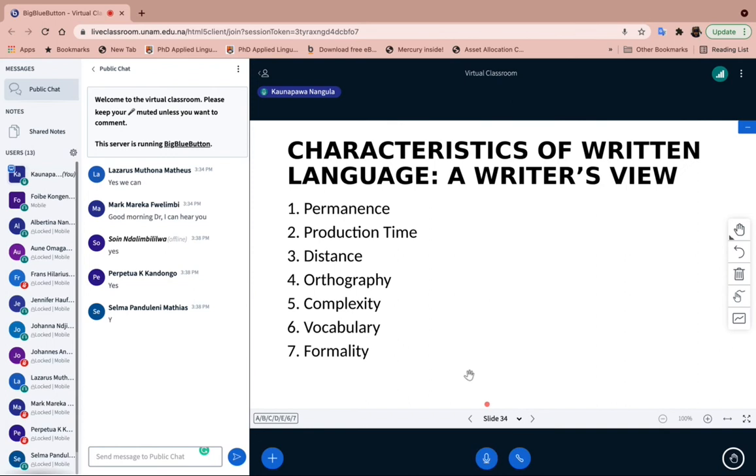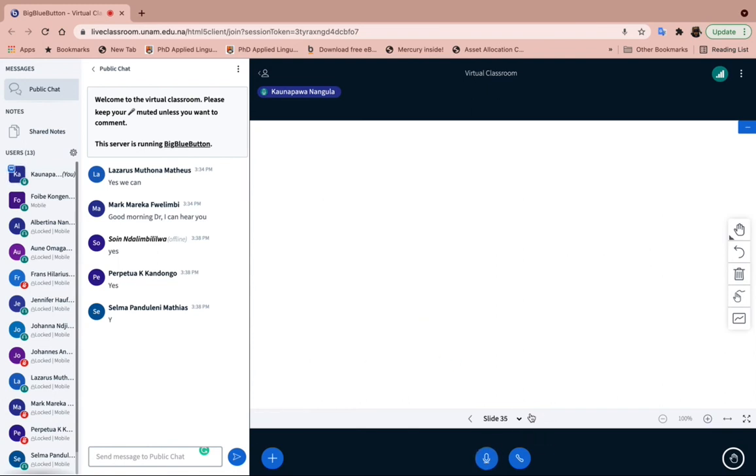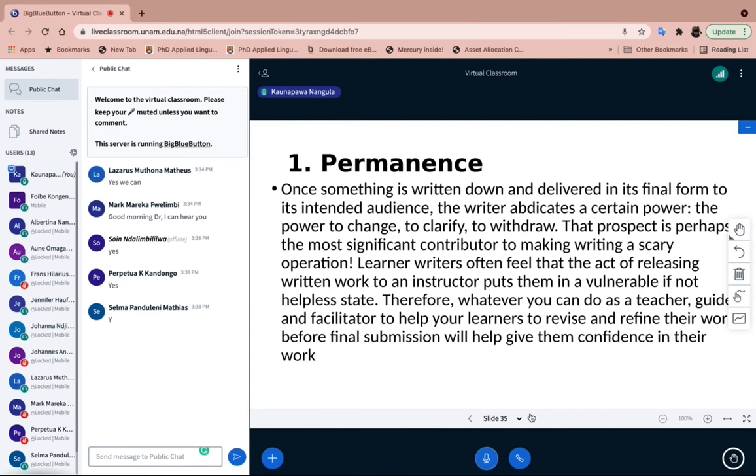So what are the characteristics that we're going to look at? The characteristics of written language here are permanence, production time, distance, orthography, complexity, vocabulary, and formality. And we'll cover all of those as quickly as possible.